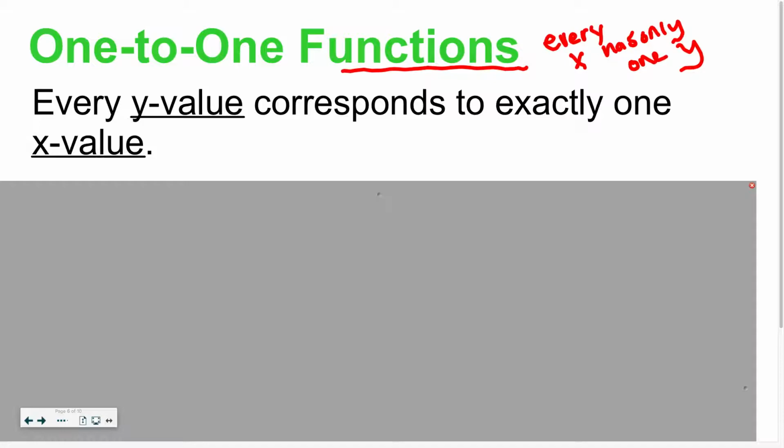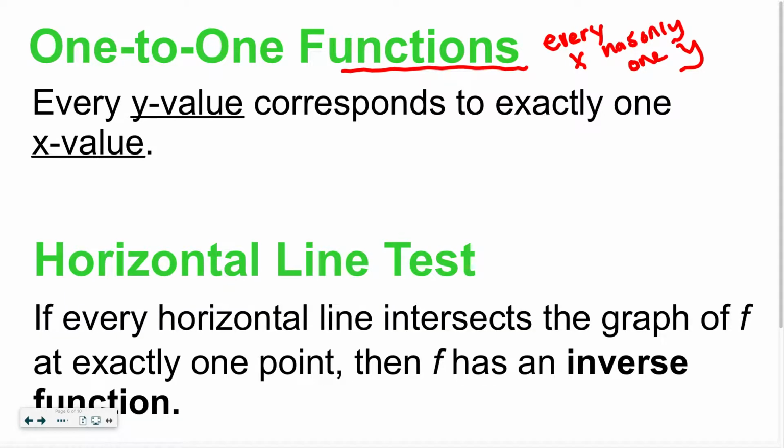If a function is one-to-one, it has an inverse function. If every x has only one y and every y has only one x, you'll be able to find an inverse function. There's a check for this. How can you tell if a function is one-to-one? Well, of course it has to pass the vertical line test, so it is a function.